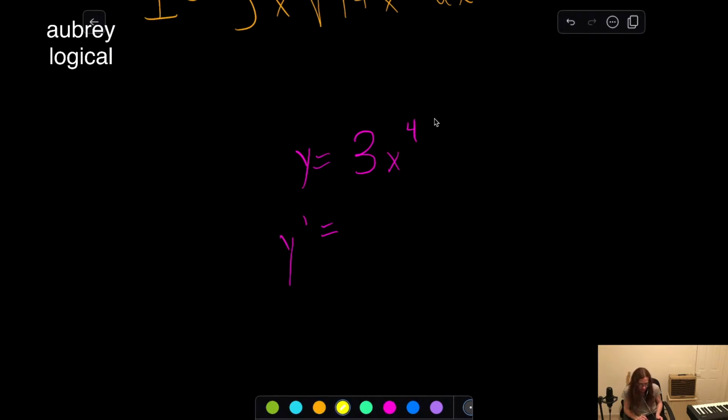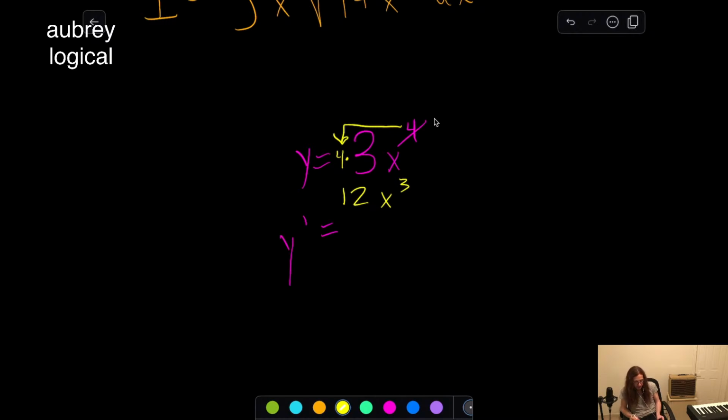To find the derivative of this problem, you bring this 4 right here, and then you times it by 3, so that becomes 12x, and then this 4 becomes a 3. And that's it. That's the derivative.